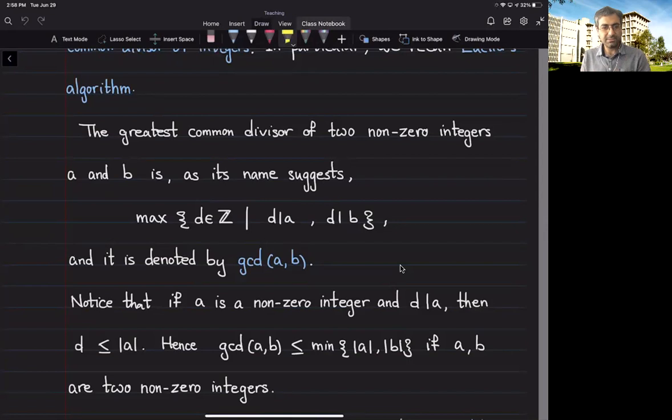And the reason is that every common divisor, any divisor of a, if a is a non-zero element, is going to be at most absolute value of a. Because a is supposed to be d times some integer, I take the absolute value of both sides. So let's write it down. If d divides a, then a is d times k for some integer k.